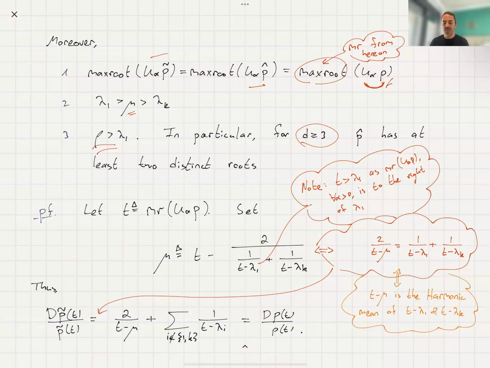Okay, so as I said, this lemma is a kind of technical lemma. The proof is actually less of a mouthful than the statement. But it's technical, and you should feel comfortable looking at it in a second pass, or not at all.